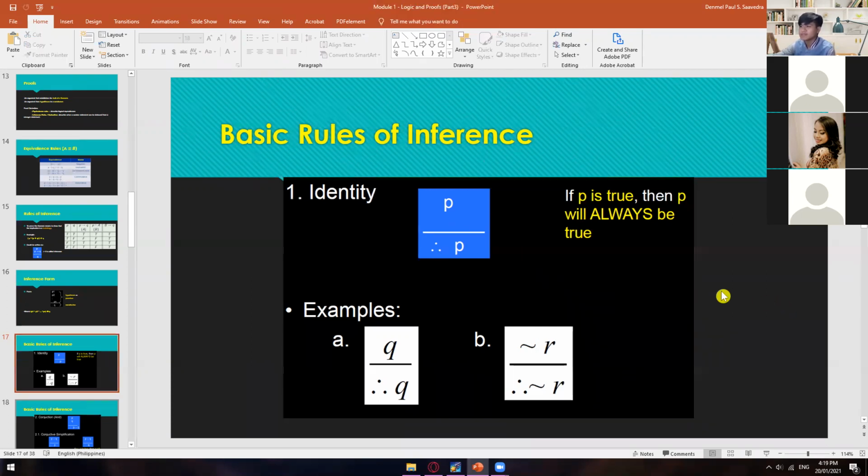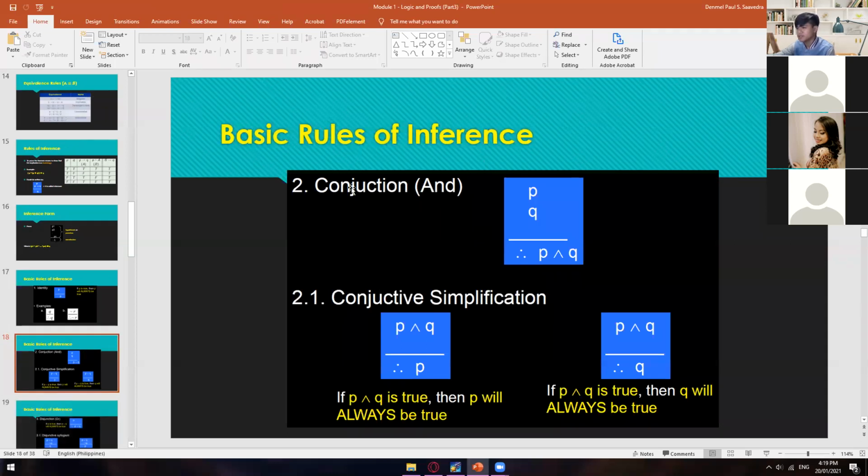Okay, so next we have here conjunction and conjunctive simplification. So first is conjunction. We read this one as P and Q. In here, there are no other hypotheses which will make this one false, and this one also false. So we assume that they are true.